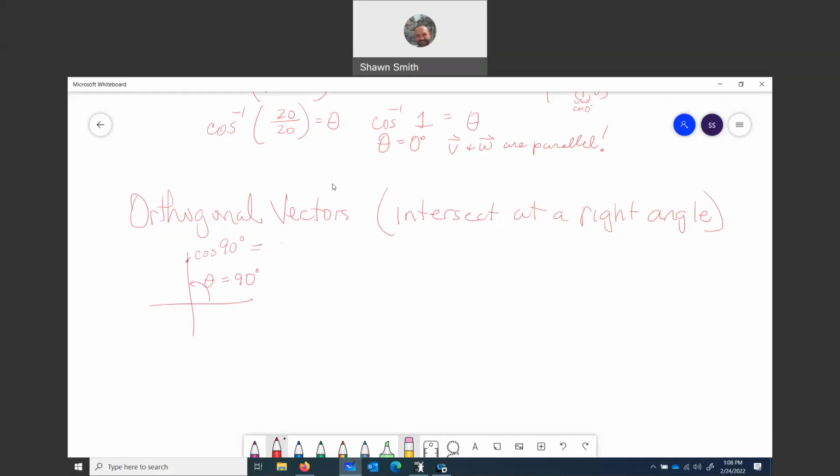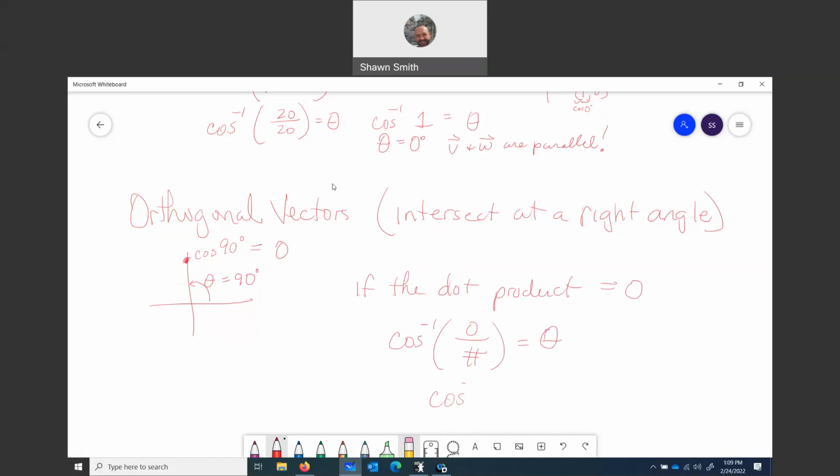That's equal to 0. Remember the ordered pair is 0, 1 to get to that point on 90 degrees. So if the dot product is equal to 0, then we can have something in the format of the inverse cosine of 0 divided by whatever numbers these come out to be, it doesn't matter, equals theta.